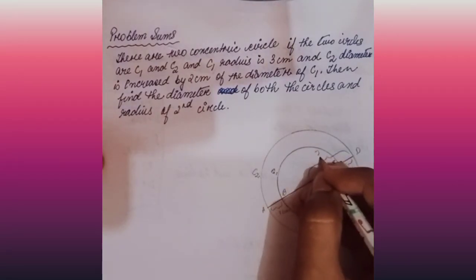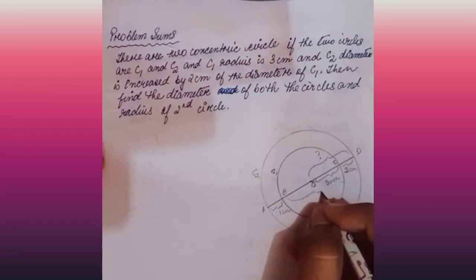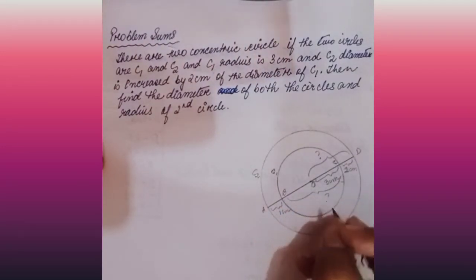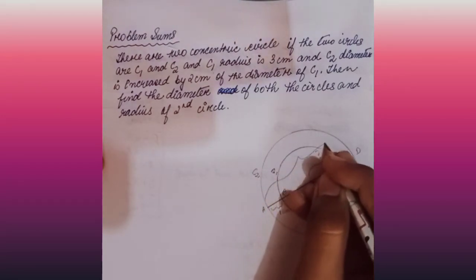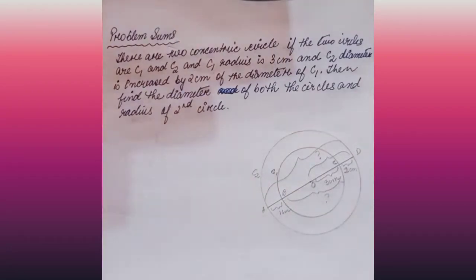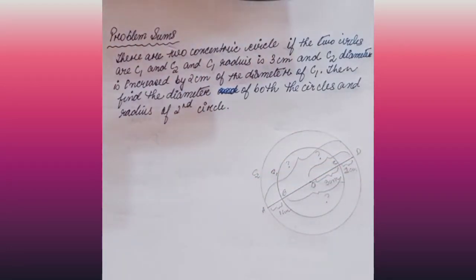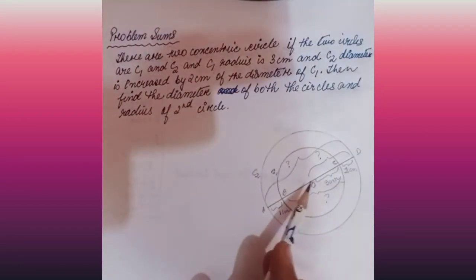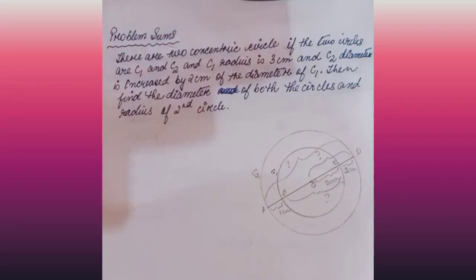No need to draw curly brackets, I have drawn them for your convenience. The diagram is becoming a little messy, I know, but I have drawn it for your convenience. This and this, you need not draw. Now let us write the given and all that.